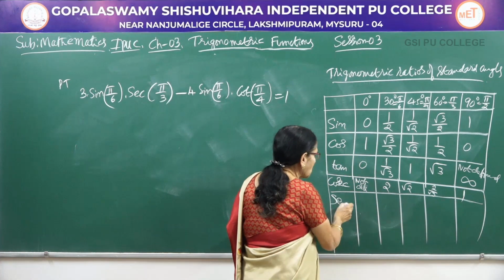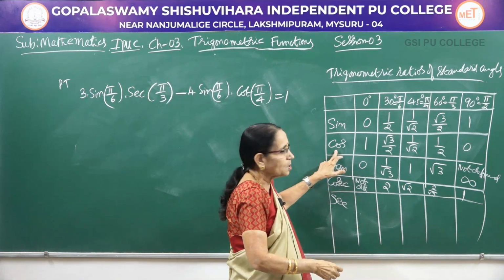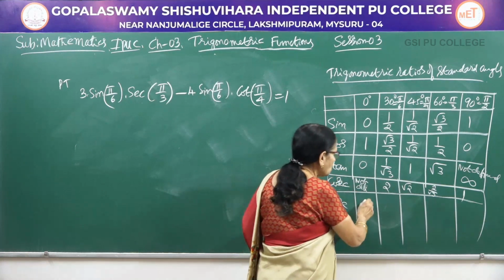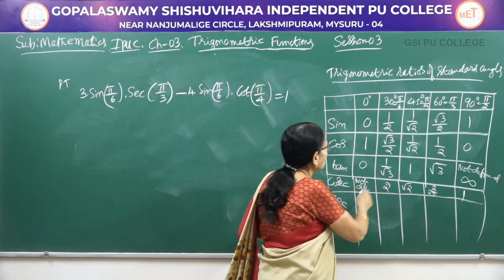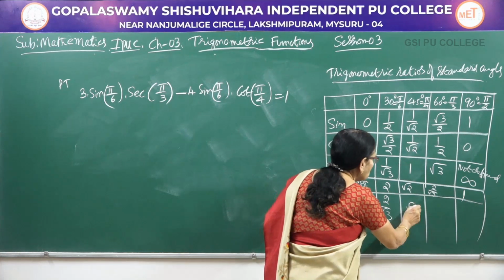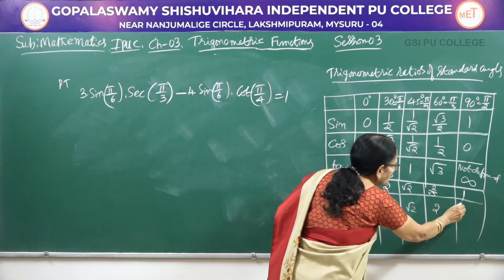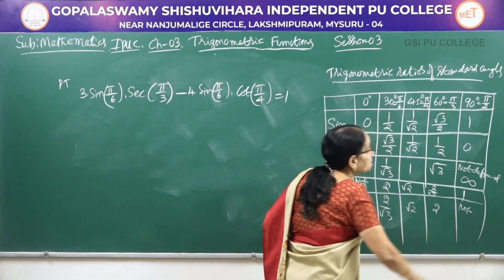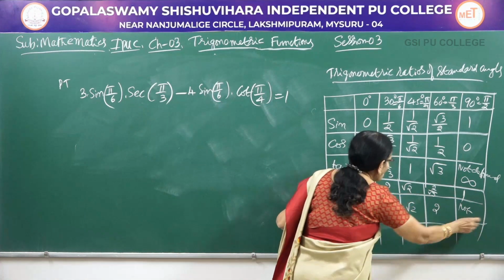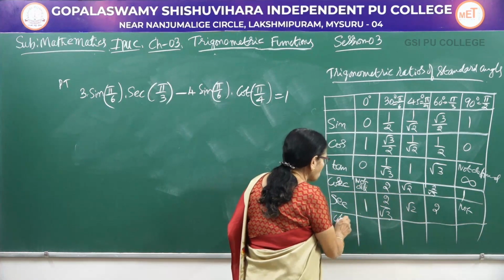Similarly, you can take secant. Secant is the reciprocal of cos. So cos 0 is 1 means secant 0 will also be 1 by 1, and then it is the reciprocal of this one: 2 by root 3, root 2, 2, and here again we have to write not defined because it becomes 1 by 0. Finally, you can take the cot ratio also.